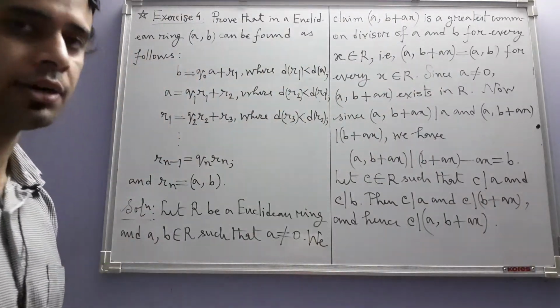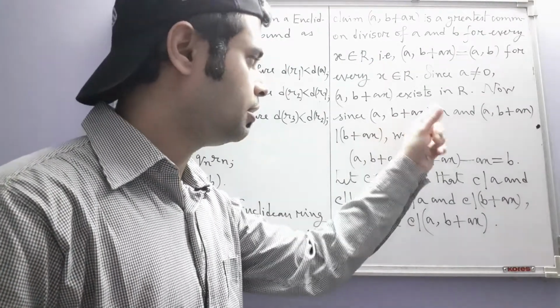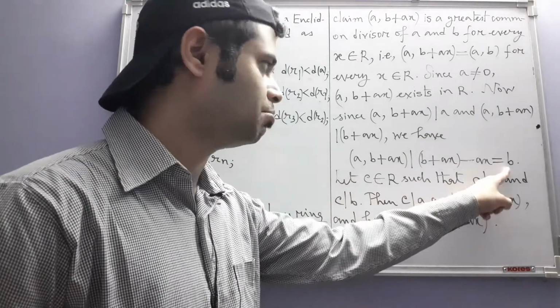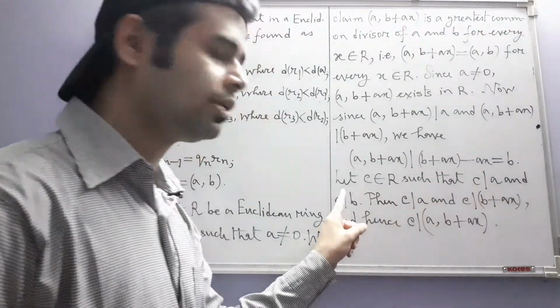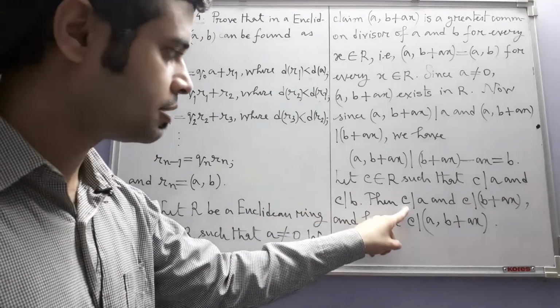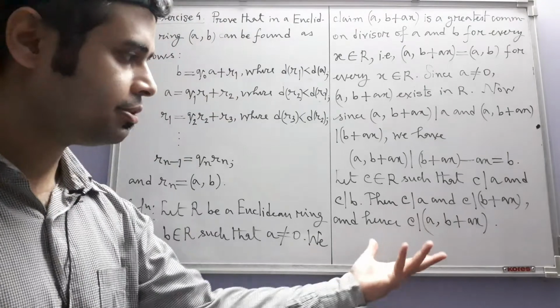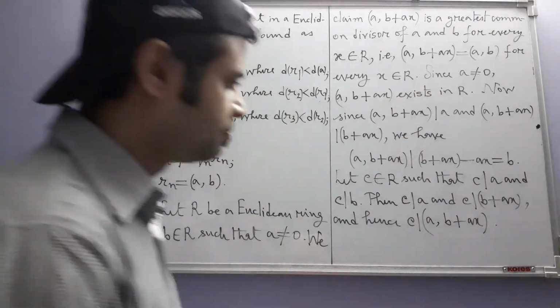What do we have now? We have proved that this element is a common divisor of A and B. Also, any common divisor of A and B, which is C here, also divides this element. So by definition, this element is the greatest common divisor. That's what we were claiming.